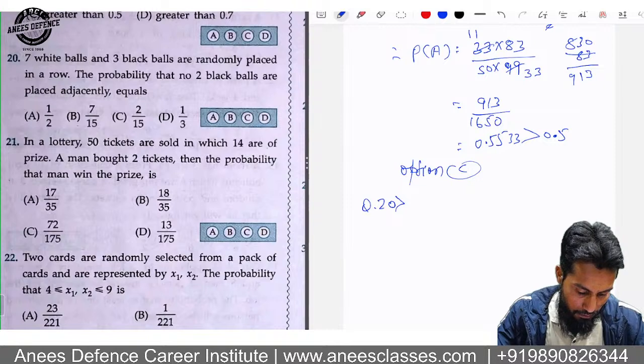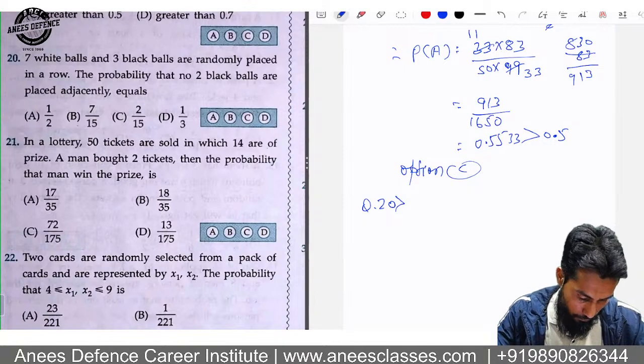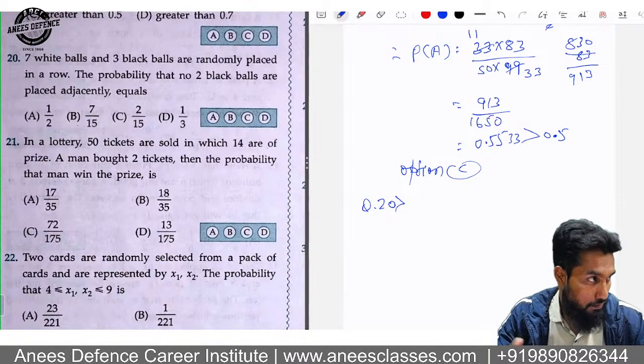Adjacent means one after the other, or one alternate with the other? I think it is one after the other. So no 2 black balls should be one after the other. For that, you need to put the white balls first, 7 places. They can be arranged among themselves in 7 factorial ways.